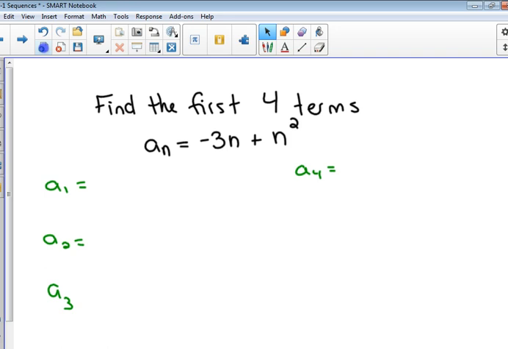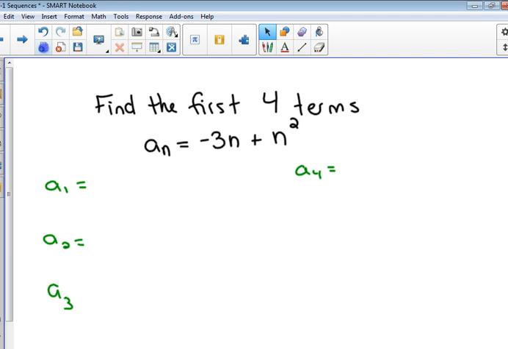Okay. So you want the first term, and that's a sub 1. So n is 1. Then we're going to see the n in the formula, and you're going to plug in a 1 in this spot. So what would that look like? Good job, good. Okay, so now do that.